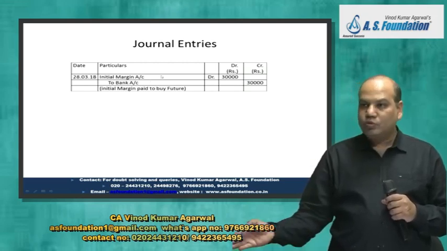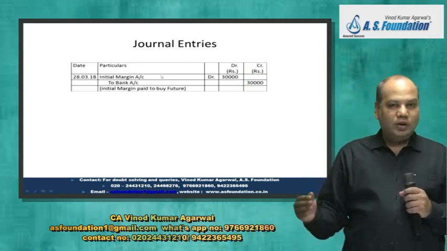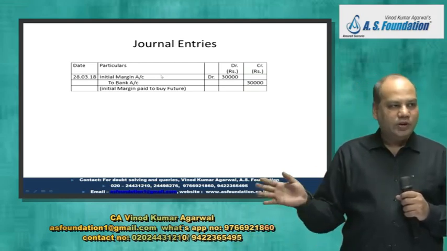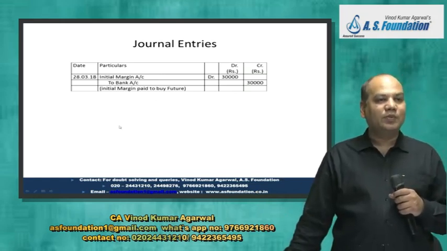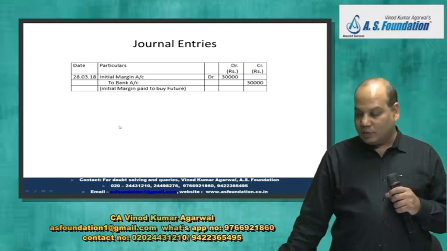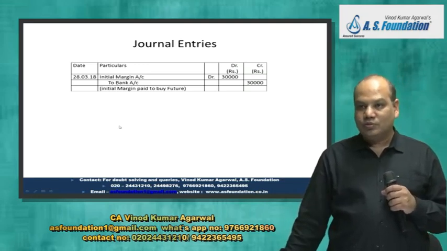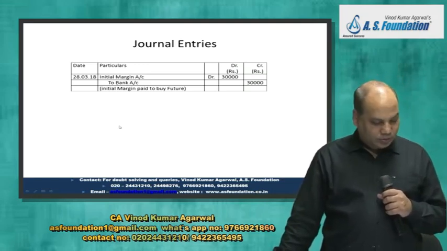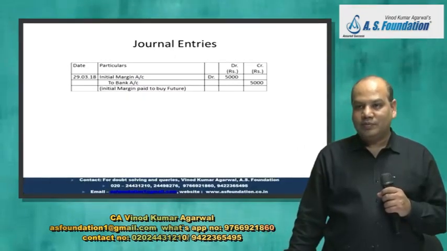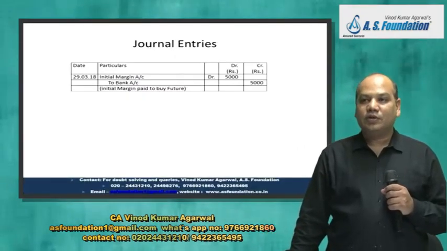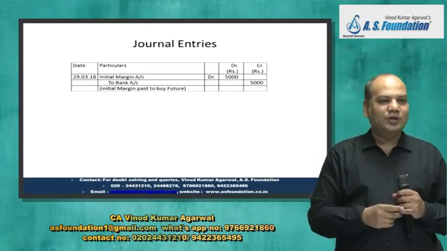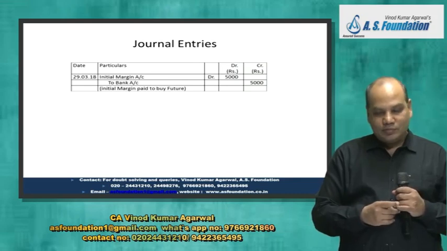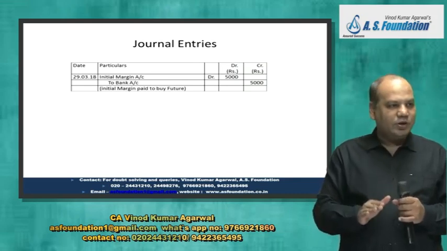And then you just have to repeat these entries. If you pay more, same entry. If you get the refund, reverse the entry. So next day what will happen? We'll pay more. How much more? 5,000 more. 30 I have already paid. Now the requirement is 35,000. The calculation of this you will learn in a subject called strategic financial management. In this subject these numbers will be given to you.